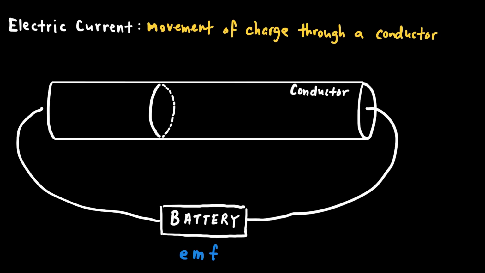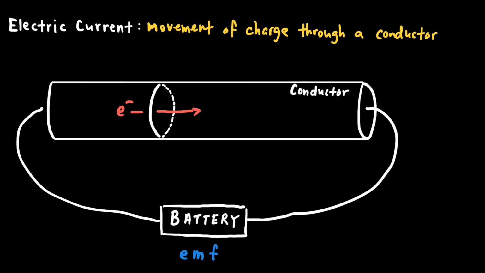Depending on the properties of the conductor and the properties of the battery, like how good of a conductor the material is and how strong of an EMF the battery provides, a certain number of electrons would travel past this point in some amount of time.